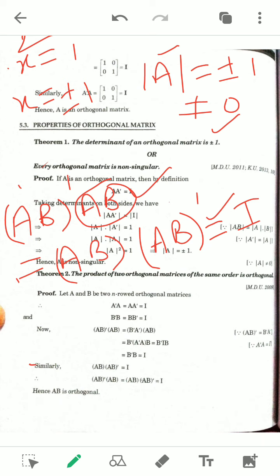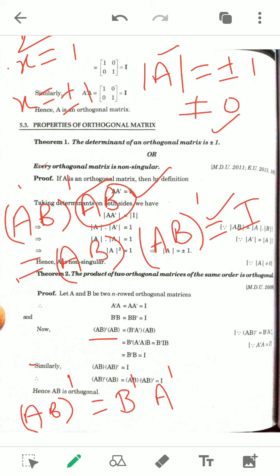So here we take AB transpose AB. You know very well that AB transpose is equal to B transpose A transpose, because the reversal law follows.